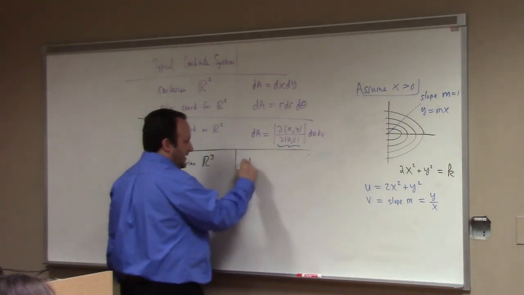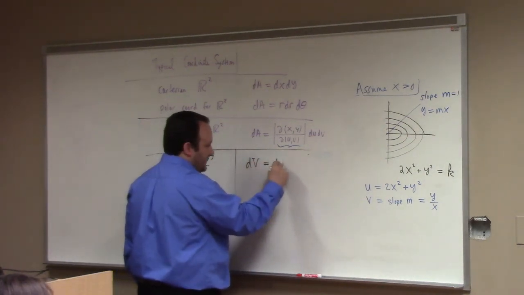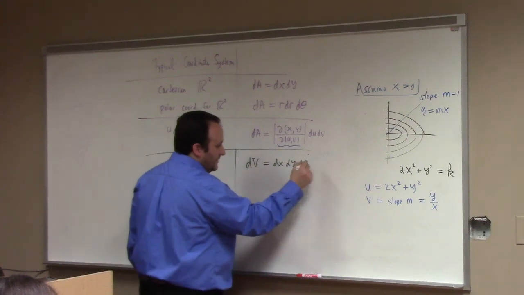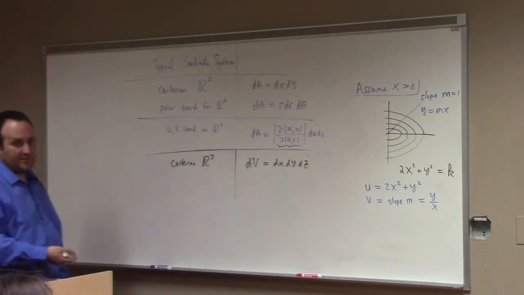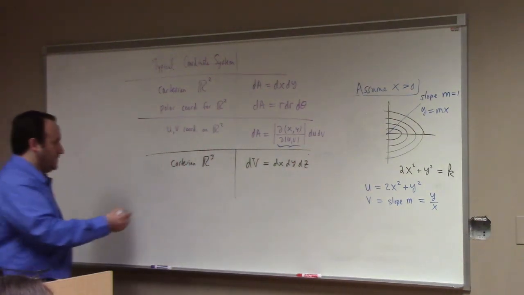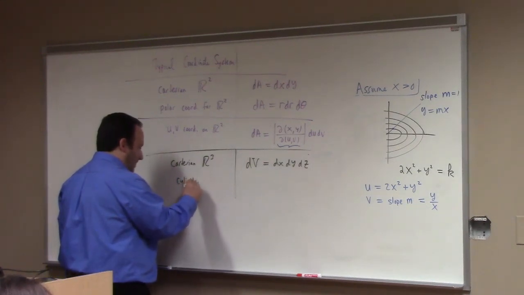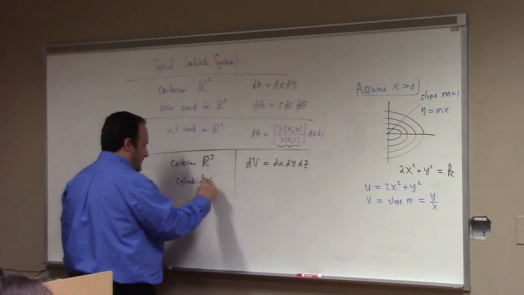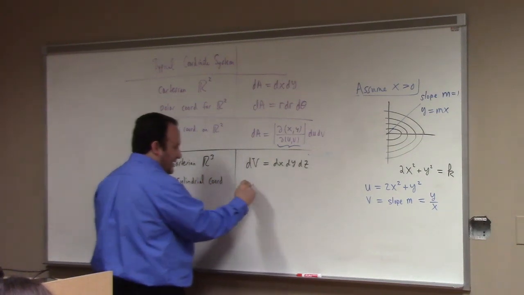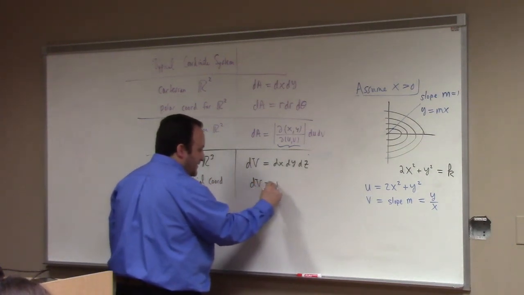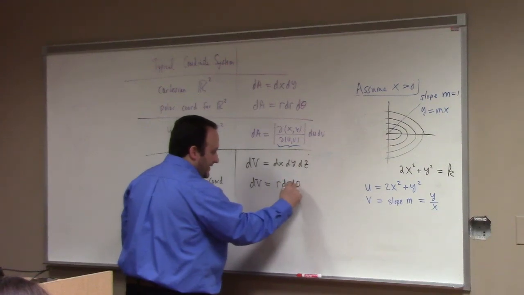And so there we start talking about the volume element. The first thing, dx, dy, dz. That's the infinitesimal volume element, right? If we use cylindrical coordinates, then we use dV is r dr d theta dz.